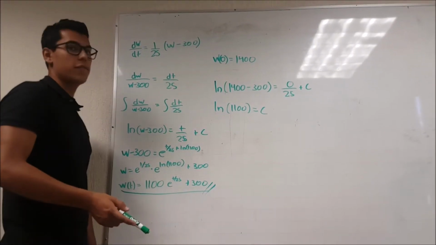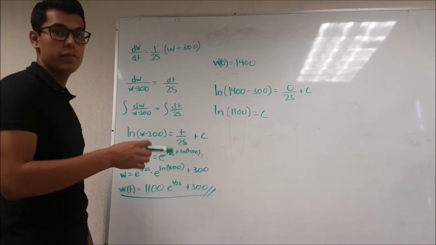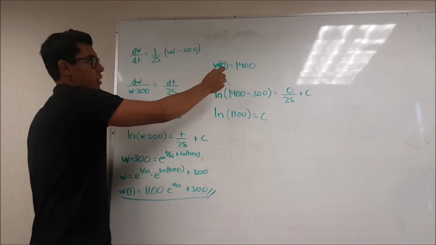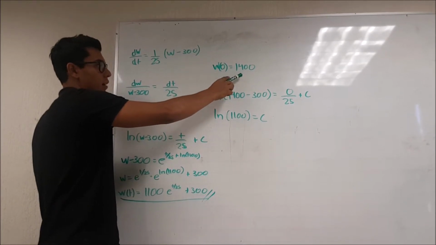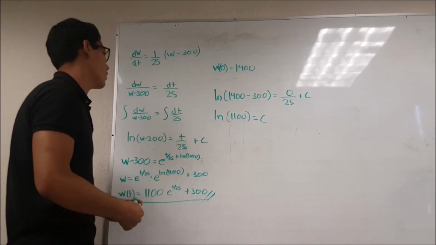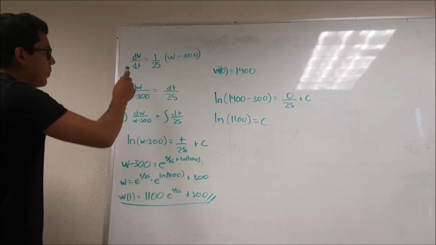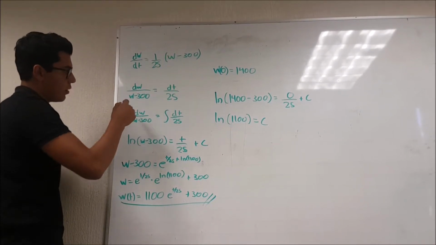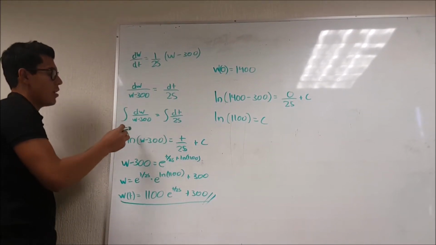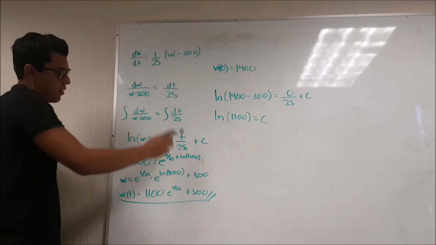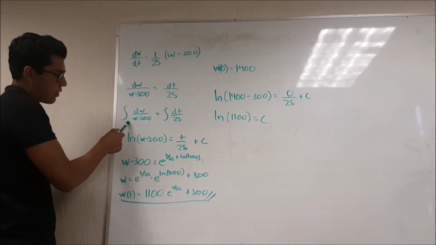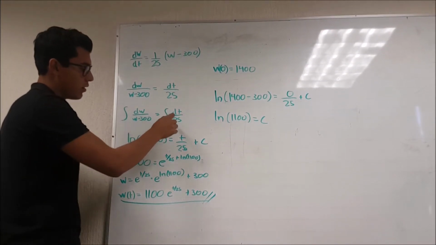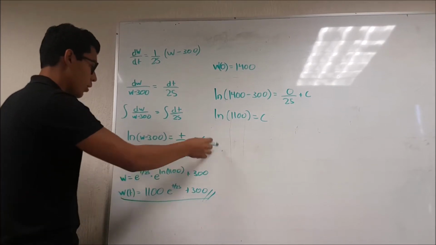In part C, we are asked to find the function W of t, and to prove that it is equal to this, with the initial condition that when time is 0, the tons are 1,400. So we first pass the dt to the other side and the W minus 300 to the other side dividing the dW, and then we integrate those parts, and we get that the integral of this is ln of W minus 300, and the integral of this is t over 25 plus c.